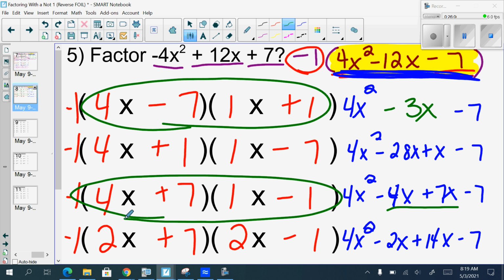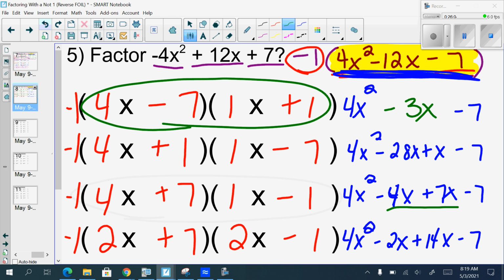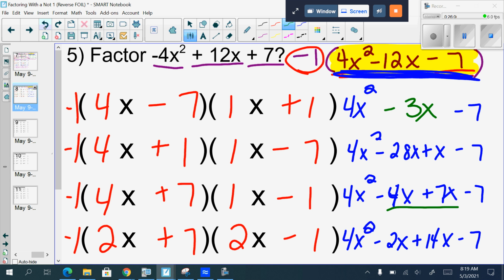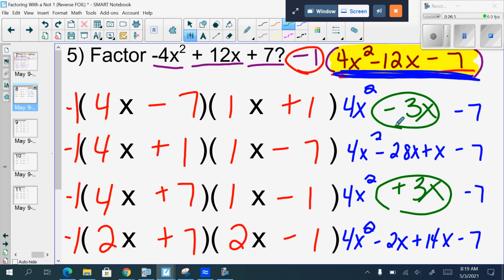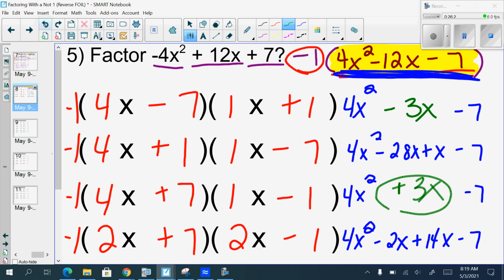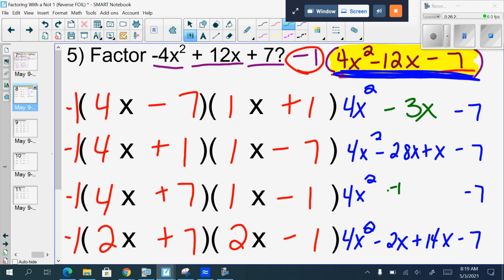Like one of them has negative 7, one has positive 7. So watch what's going to happen in that situation. Negative 4x plus 7x is positive 3x this time. So do you see how these combinations are so close? It's just that this one gave us positive and this one negative. So like if you get really close to the answer, but you're just opposite of what you need, it just means you need to switch your signs, okay?